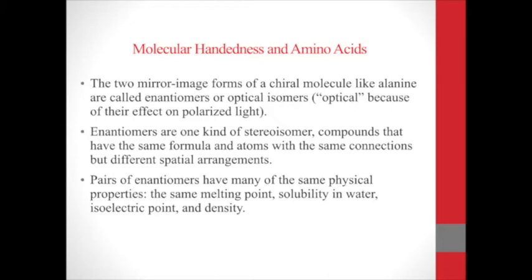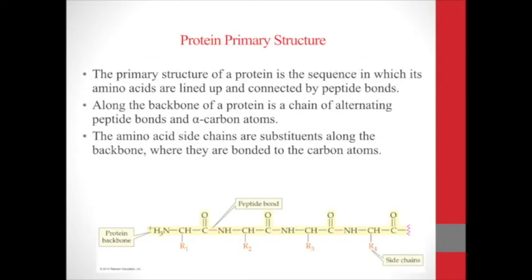So the pairs of enantiomers have many of the same physical properties. They have the same melting point, solubility in water, isoelectric point, and density. So again, having those two mirror image forms is just called an enantiomer. Okay, so now we're going to get into the different types of structures for proteins.